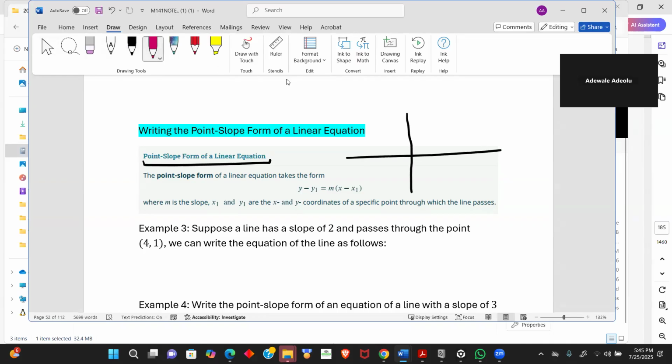I will pick a point, call it x1, comma, y1. Then I'm going to pick an arbitrary point. What I mean is it could be any point on that line. So instead of calling it x2, y2, I just call it x, comma, y.